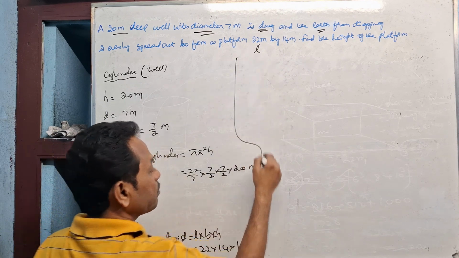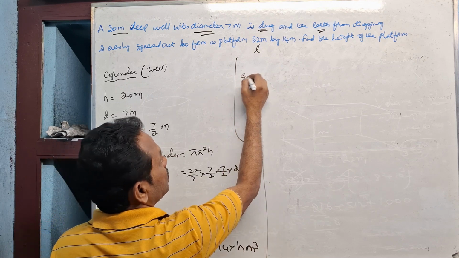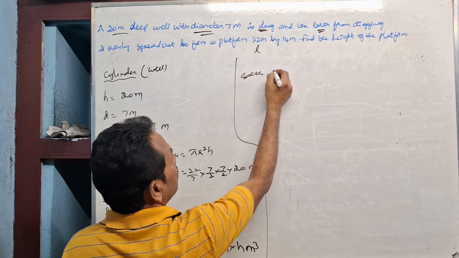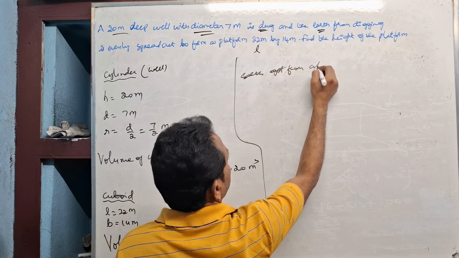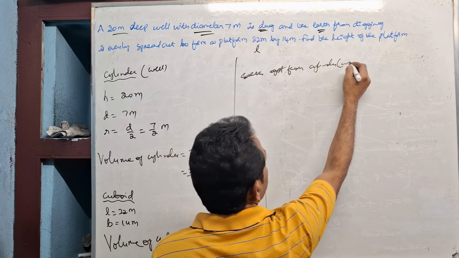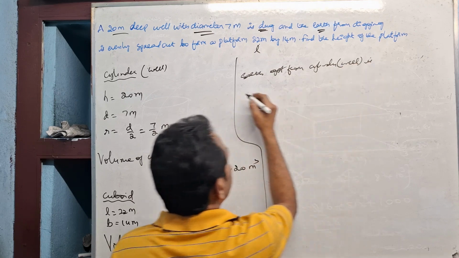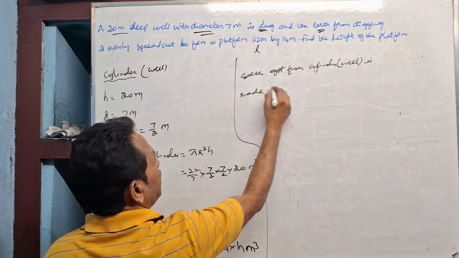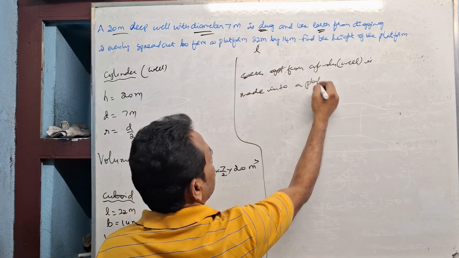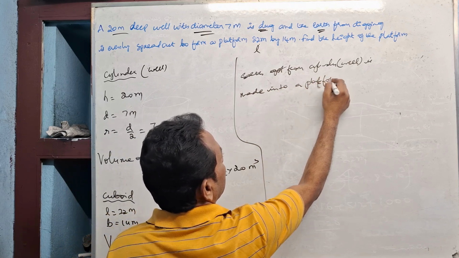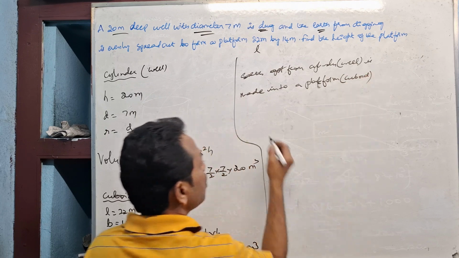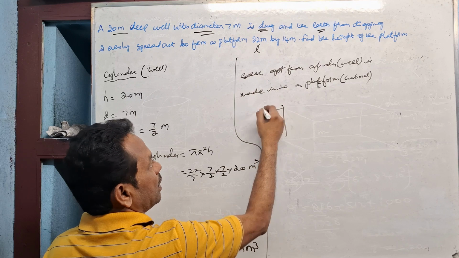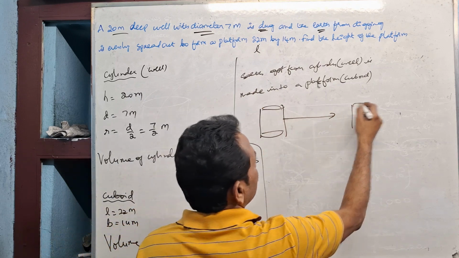Now it is given that the earth got from the cylinder, that is the well, is made into a platform which is nothing but a cuboid. So the cylinder is made into a cuboid.